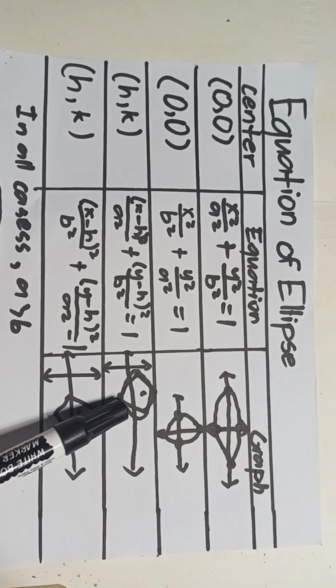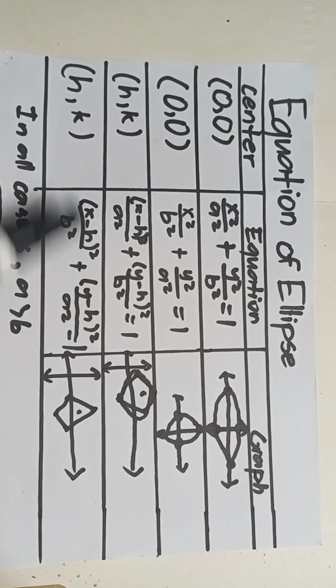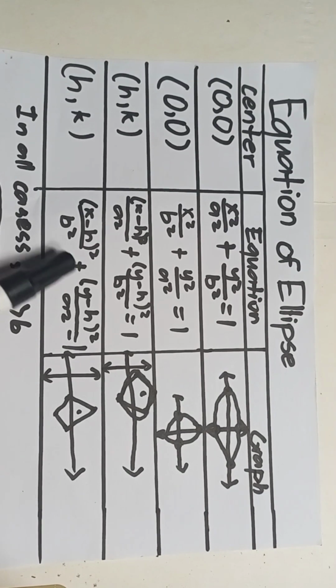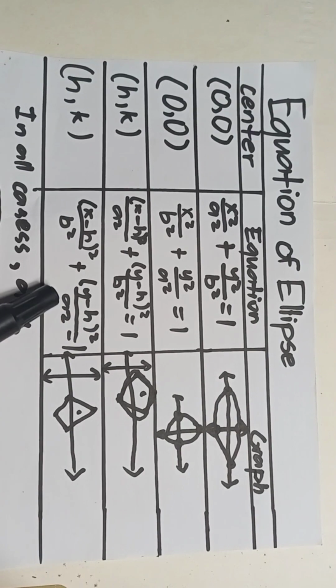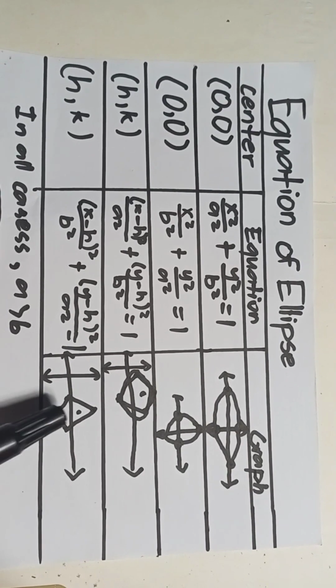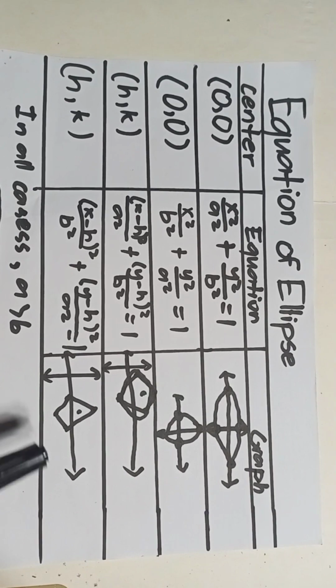The graph just looks like this. And with h, k, the equation x minus h squared over b squared plus y minus k squared over a squared, the graph just looks like this.